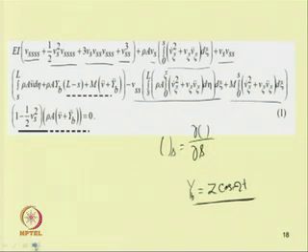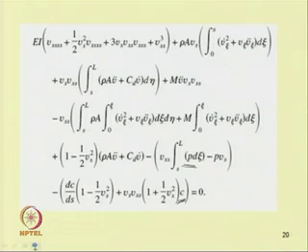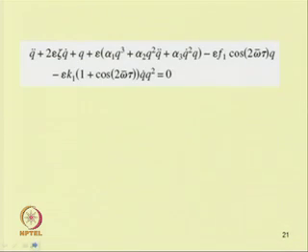In this generalized Galerkin principle, one can take this v as a function of a scaling factor R into ψ_i(s) and q_i(t), where i equals 1 to n.